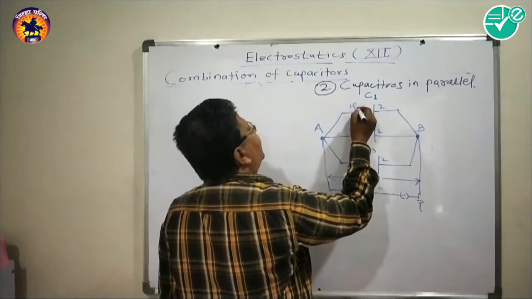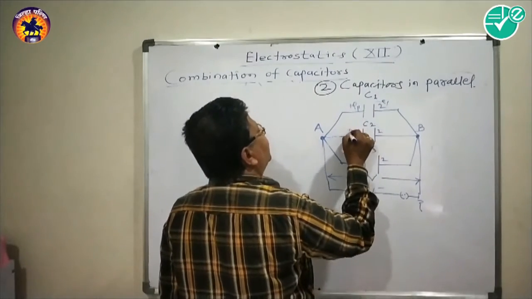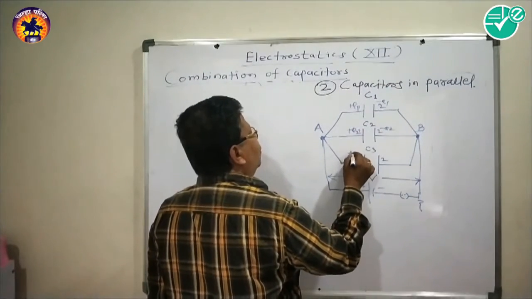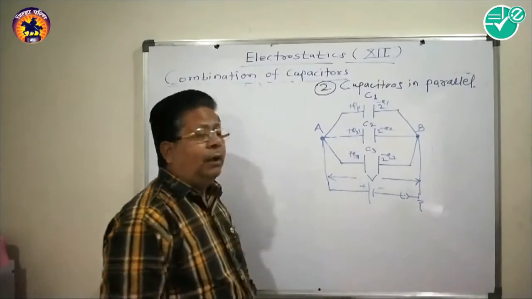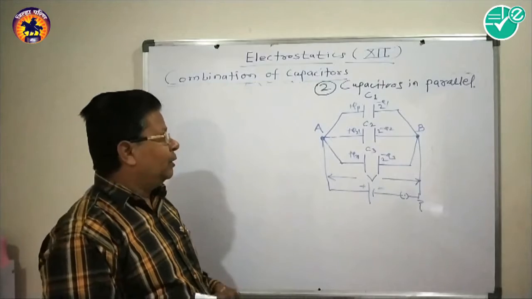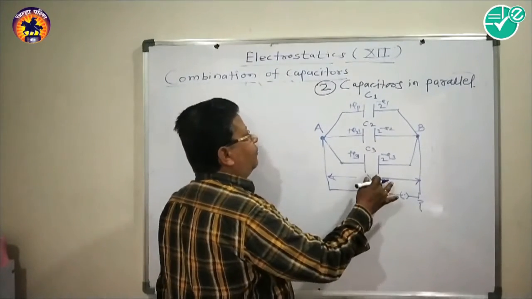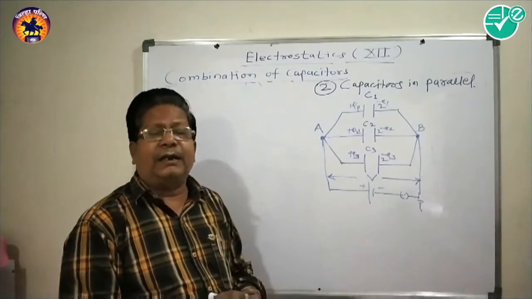Suppose that on C1 the charges are plus Q1 and minus Q1, charges on C2 are plus Q2 and minus Q2, charges on C3 are plus Q3 and minus Q3. So in parallel combination, PD across each capacitor is the same, which is V, but charges on each capacitor are different according to their capacities.